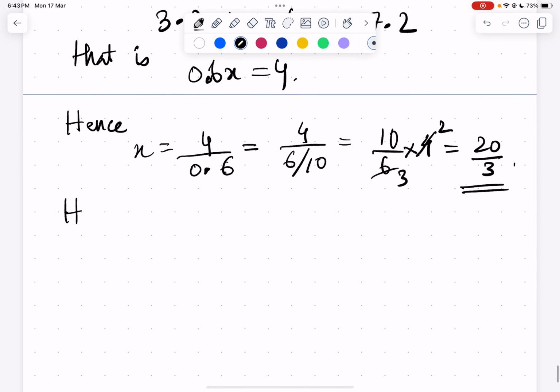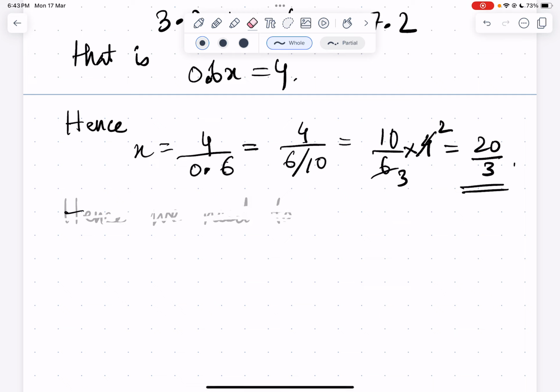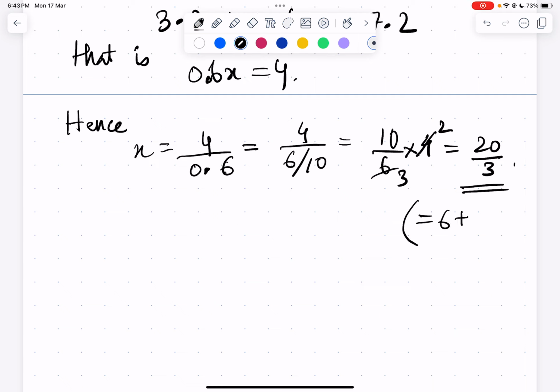Hence we need to replace. We can further simplify 20 by 3 in better terms. This is equal to 6 plus 2 by 3, right? 20 by 3 is 6 plus 2 by 3. 6 3s are 18. So 20 is 3 times 6 plus 2. Hence this 20 by 3 is 6 plus 2 by 3.